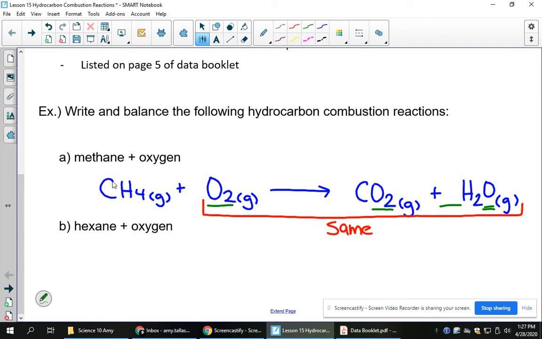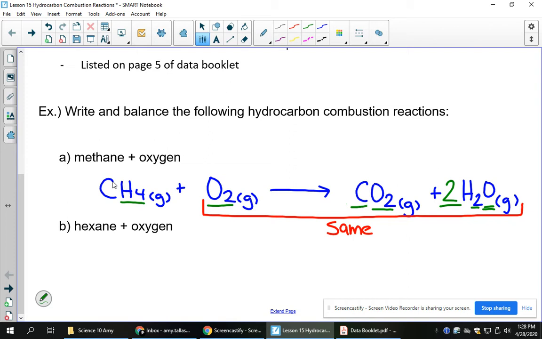That being said, I like to leave the oxygens till the end because if we're trying to balance the hydrogens and the carbons first, usually that problem will be solved, or we'll just have to double the number that we choose. So I'm going to start with the hydrogens because that's the biggest number I see right there: 4 hydrogens. And I see 2 hydrogens on this side, so I'm going to double it to make 4.